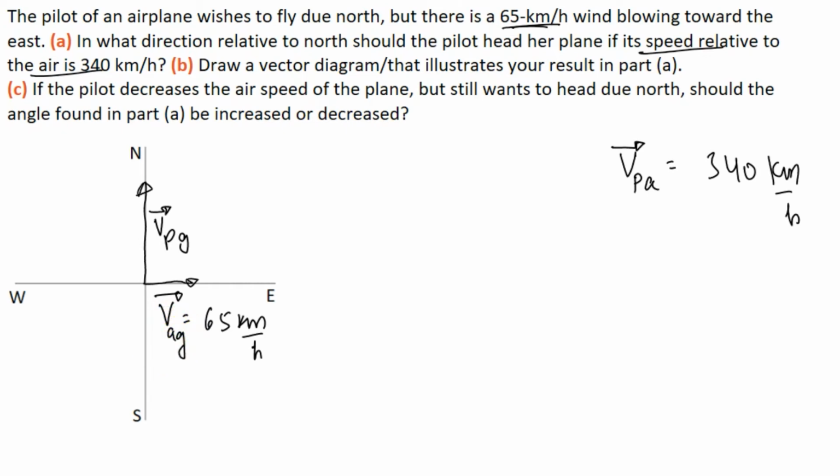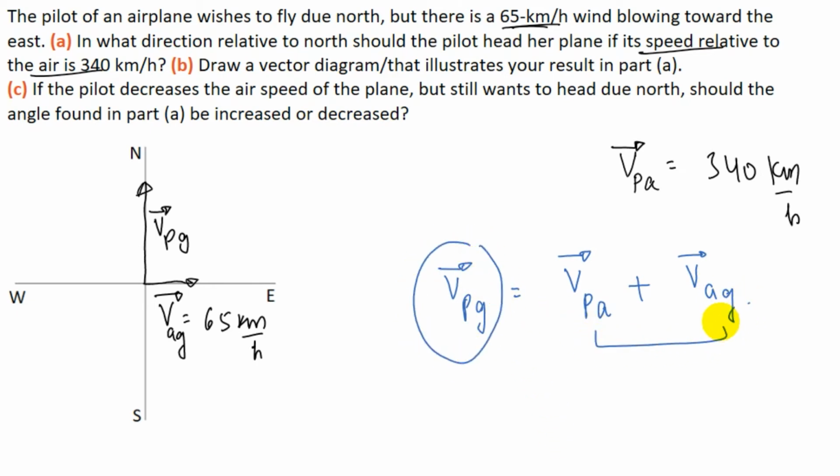By the concept that we studied in relative motion, we can write that the velocity of the plane relative to ground equals the sum of the velocity of the plane relative to air plus the velocity of air relative to ground. So this is a combination of these two vectors.